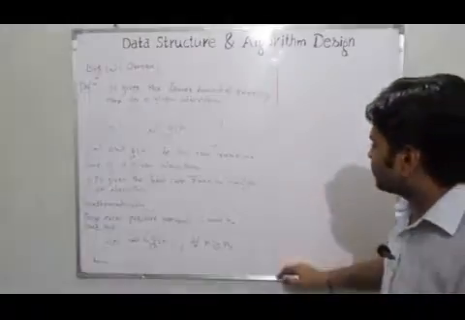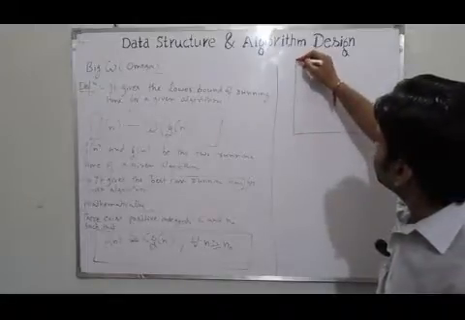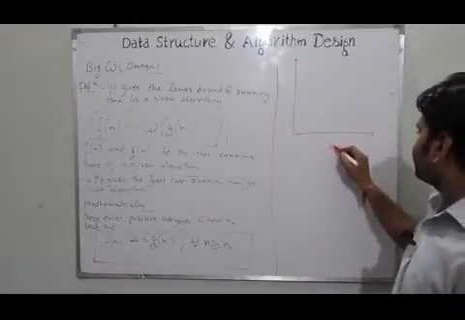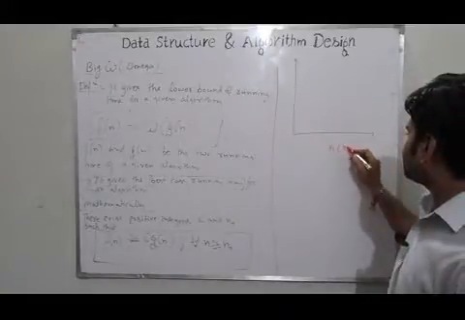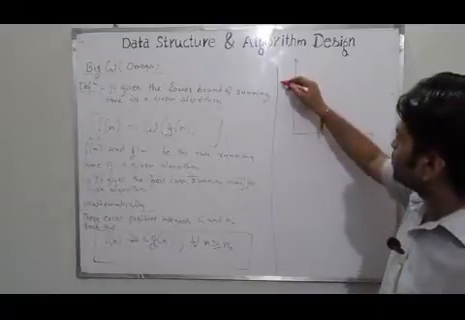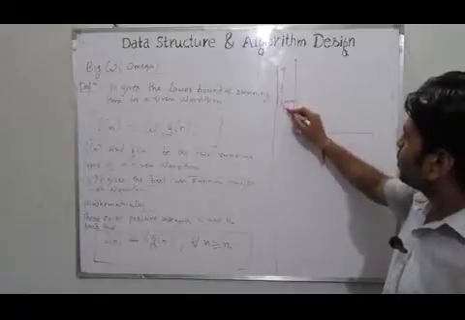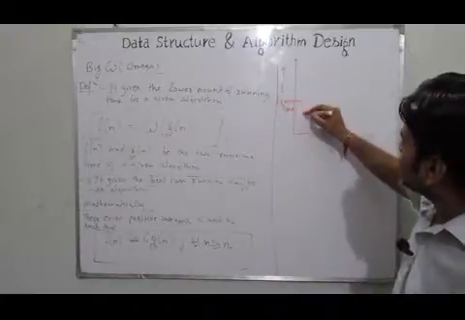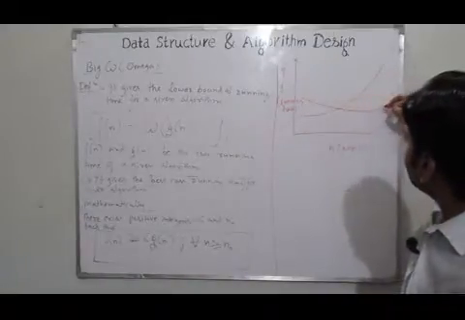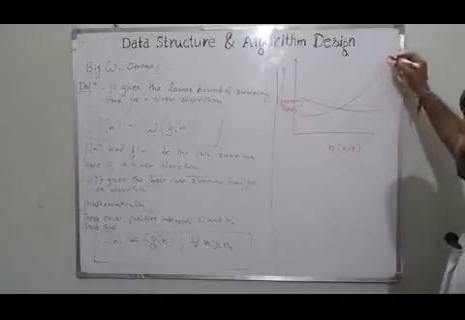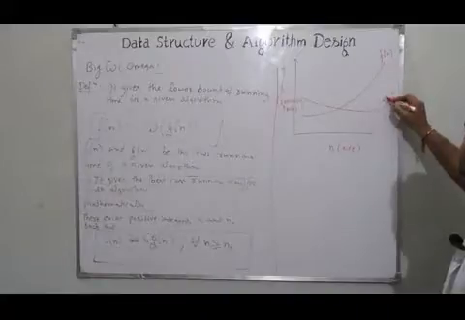If we draw the graph, we have n as the size for a given algorithm, t as the running time, and the curve that we obtain is somewhat like this, where we have this curve f(n) and this is C g(n).